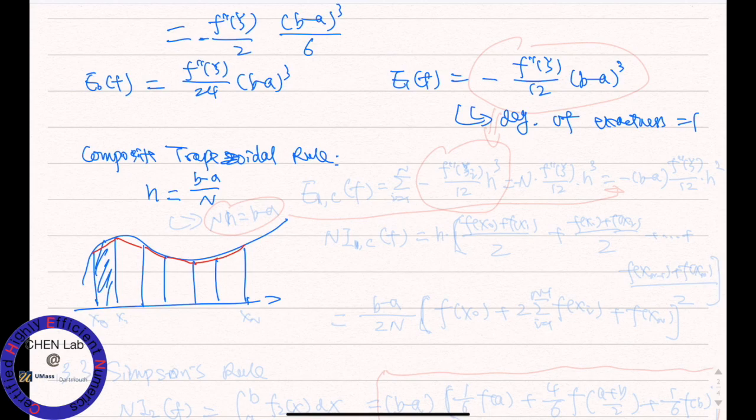So if we write this as x0, x1, up to xn, let's use C to denote the composite.